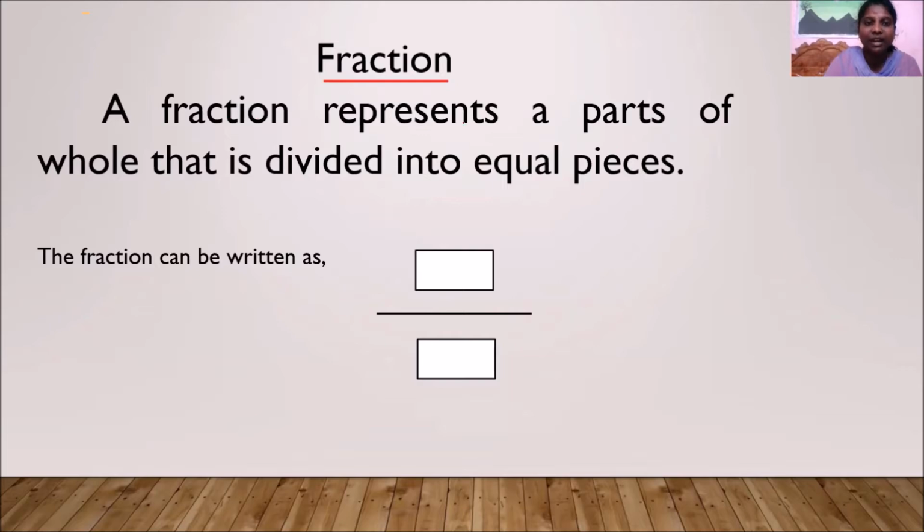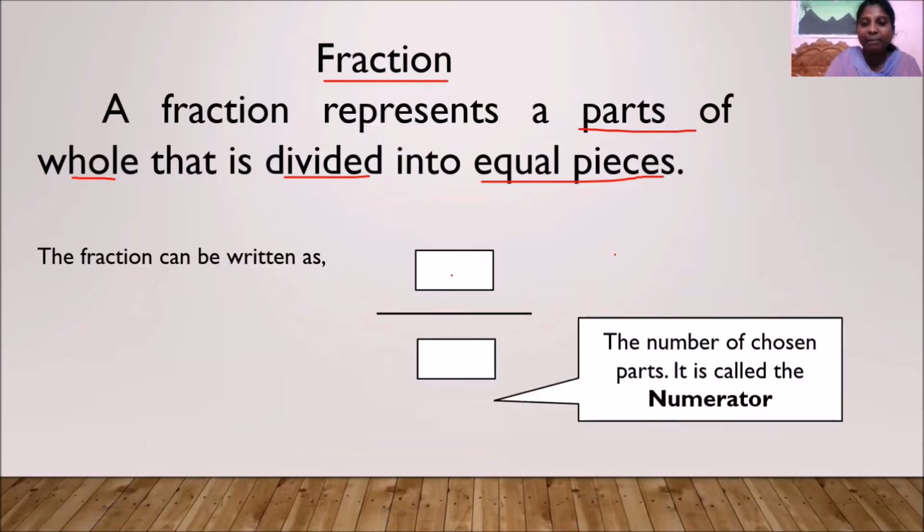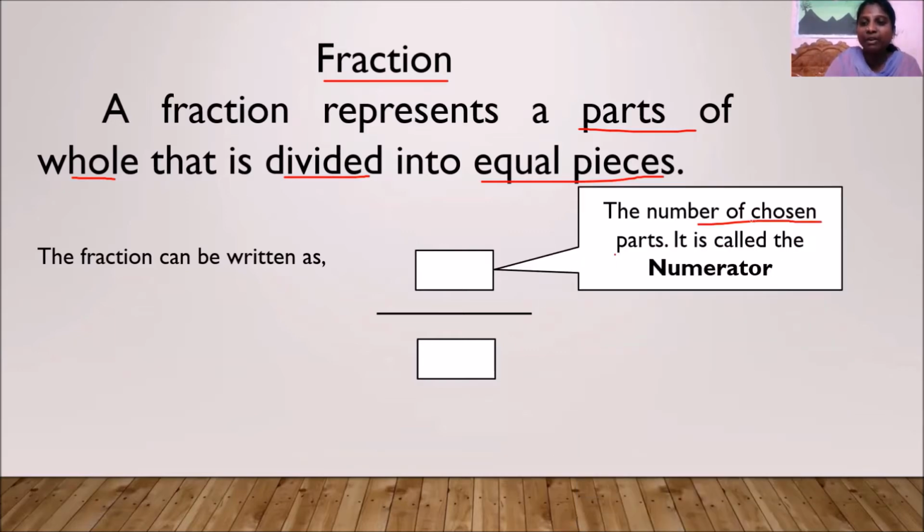A fraction represents a part of a whole that is divided into equal pieces. While we are writing the fraction, first you have to write one number, draw one line, and below the line you have to write another number. The top number represents the number of chosen parts.